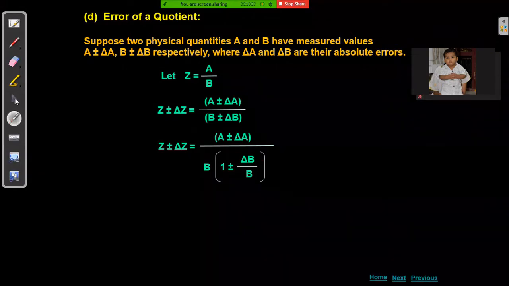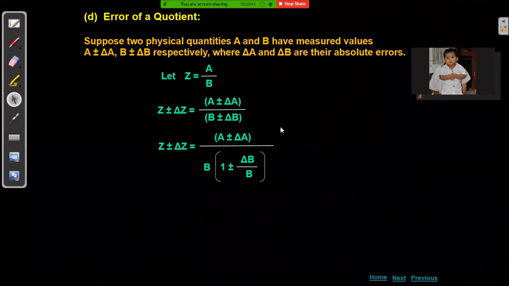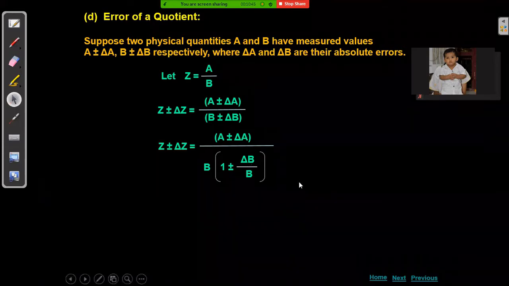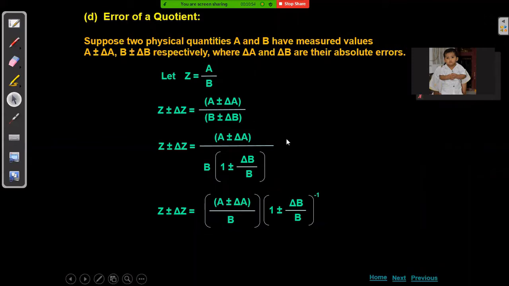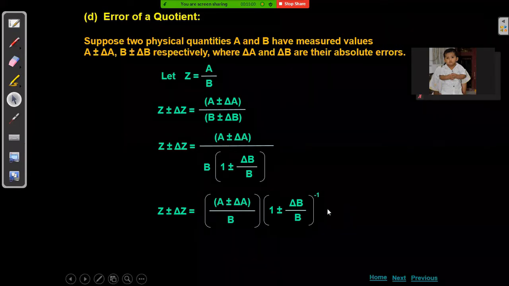Now this term, if we write it in the numerator, becomes an inverse: 1 plus or minus delta B by B, whole inverse. The power 1 becomes minus 1 when it goes up, and this B divides the two terms. Further we use the binomial theorem and expand, writing only two terms.